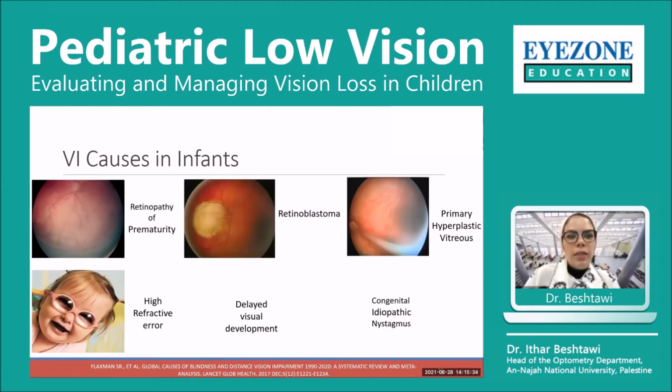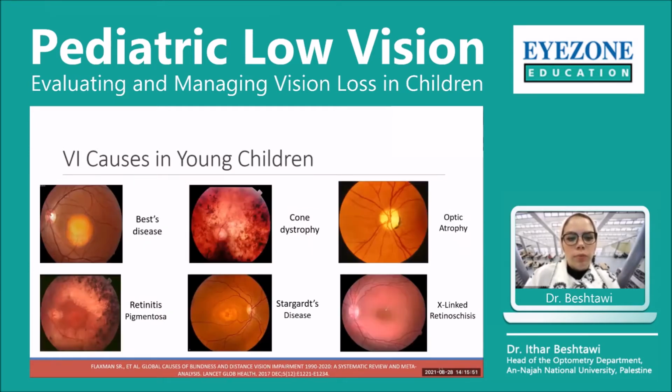Here we can see a few more examples, which include cerebral blindness, congenital idiopathic nystagmus, persistent hyperplastic primary vitreous, retinoblastoma, and retinopathy of prematurity.